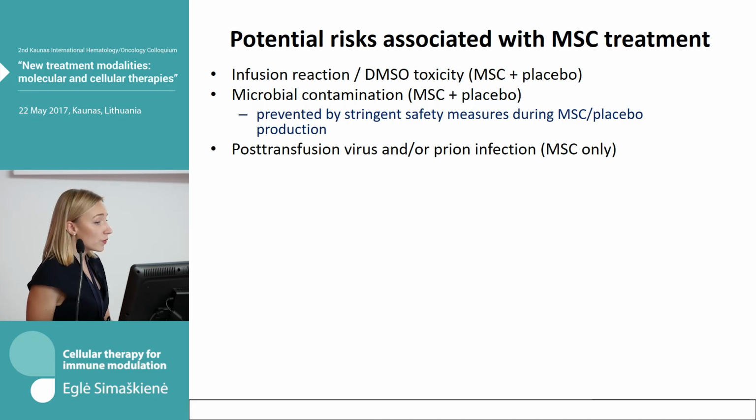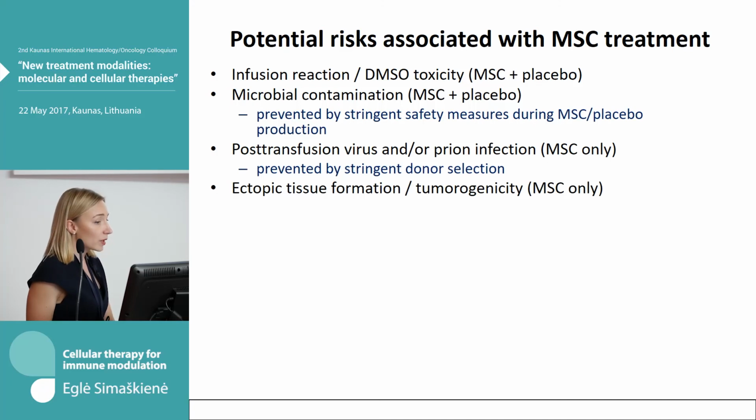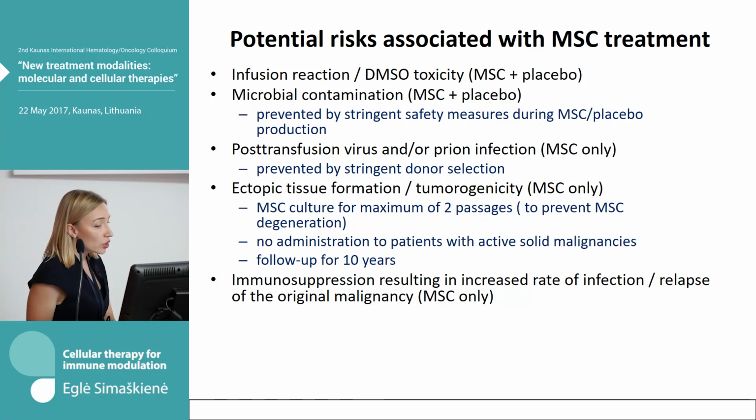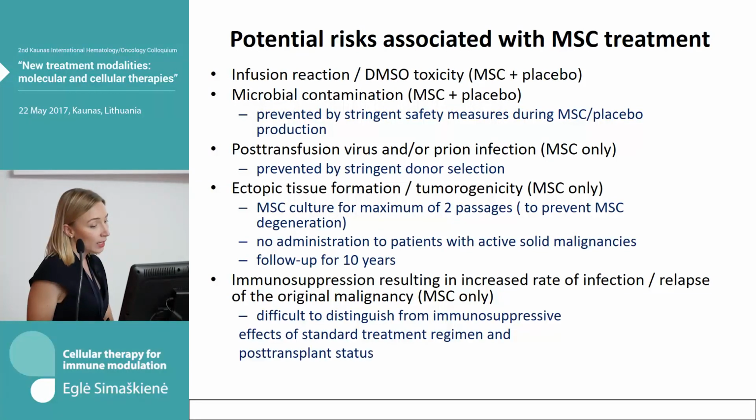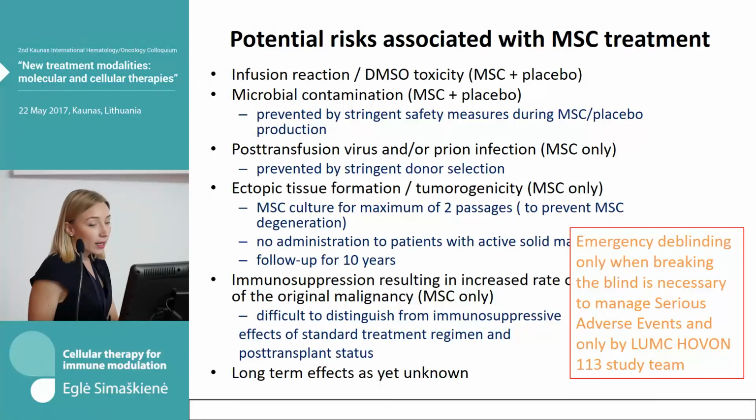It could be post-transfusion virus and/or prion infection, ectopic tissue formation, tumorigenicity, immunosuppression resulting in an increased rate of infection, relapse of the original malignancy, and long-term effects as yet unknown. And in this study, emergency unblinding could be done only when breaking the blind is necessary to manage serious adverse events, and only by the study team.